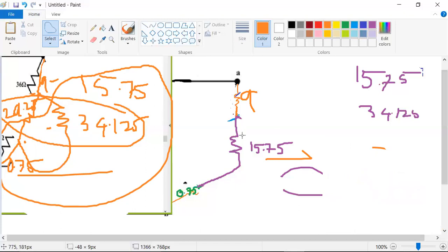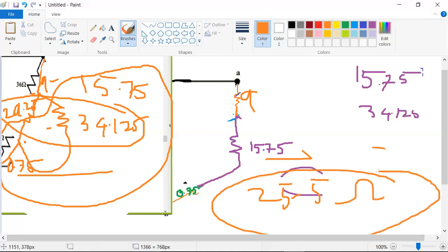After adding these three resistors, 0.75 plus 15.75 plus 9, you will get 25.5. The total value of resistance across this is 25.5 ohms. So hope this session is clear.